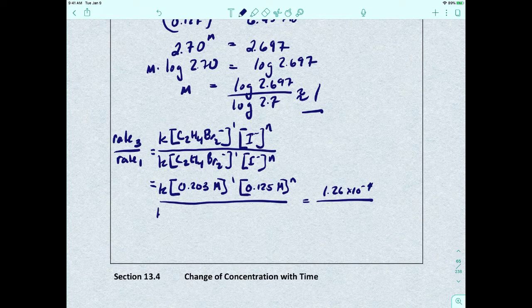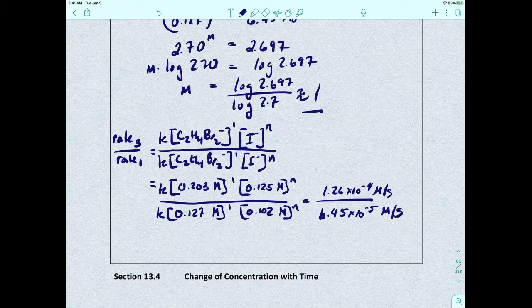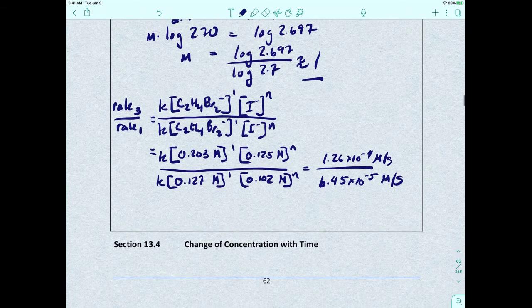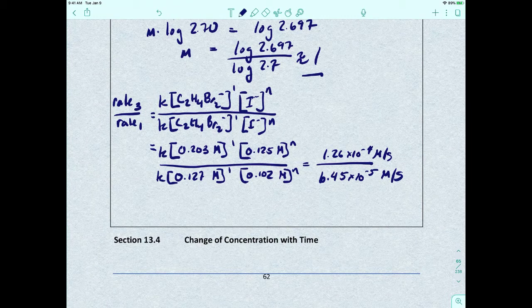For experiment 1, the concentration of C2H4Br2 was 0.127 molar raised to the first, and the concentration of I minus was 0.102 molar raised to the n. And that rate was 6.45 times 10 to the minus fifth molar per second. All right. So things don't quite cancel out for the ones, but we can get the k's out for sure. So that's good.